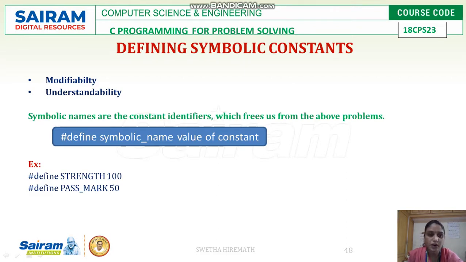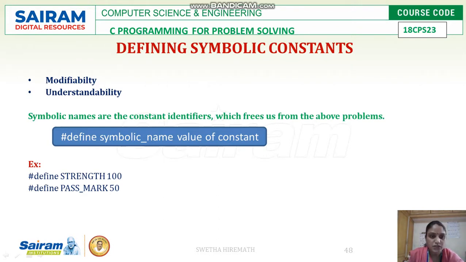If in many parts of the same program we use this value, and I suddenly want to change the strength value from 100 to 50, then instead of going to every part of the program wherever it is used and modifying it to 50, I can directly change it here. I change the value to 50, and it will be reflected automatically in whichever part we use this symbolic name.